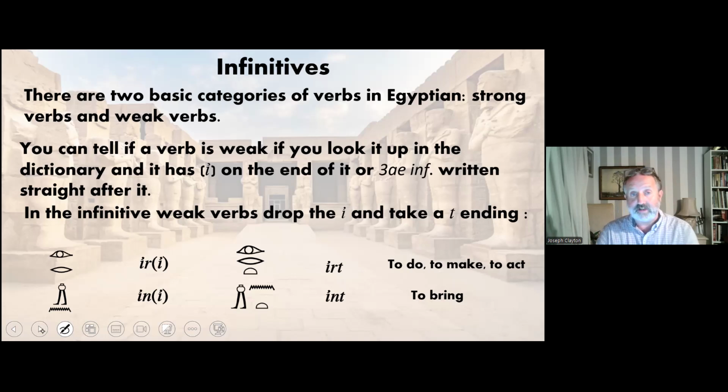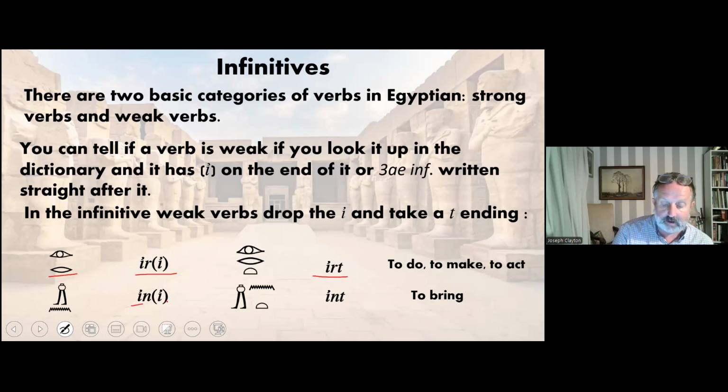Because if you get a four-letter verb with an i on there, they call it quartae infirmae, but those are rare. So in the infinitive, weak verbs drop the i and take a t ending. You look this up in the dictionary, it's iri. But if you want to make the infinitive, it's iret. That's the infinitive, to do, to make, to act, or better think of it as doing, making, acting.